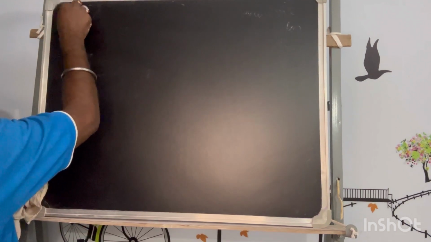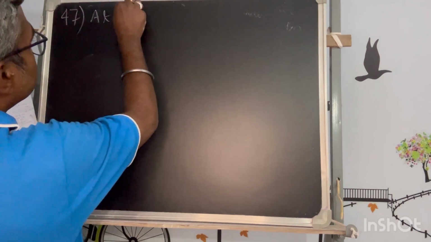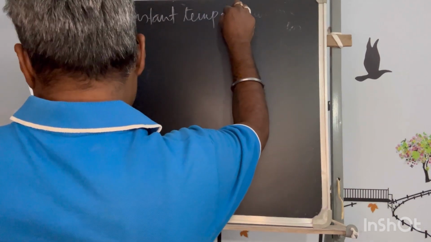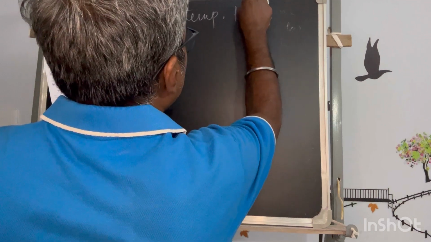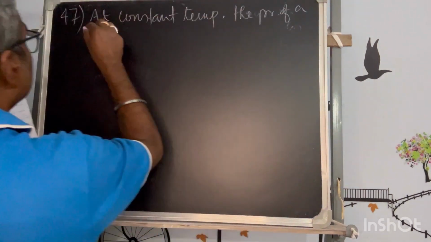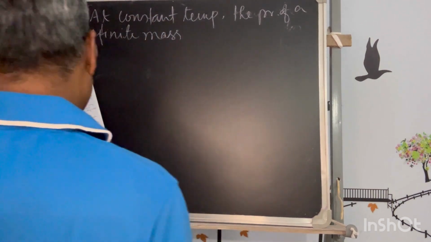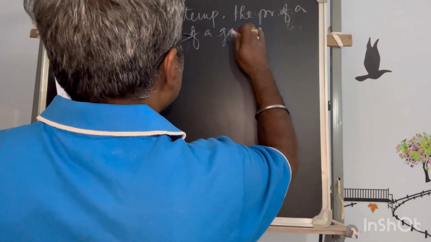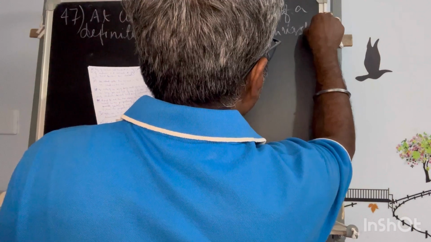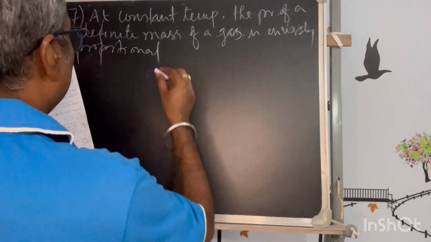47. At constant temperature, the pressure of a definite mass of a gas is inversely proportional to the volume.